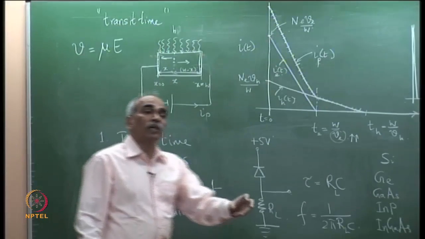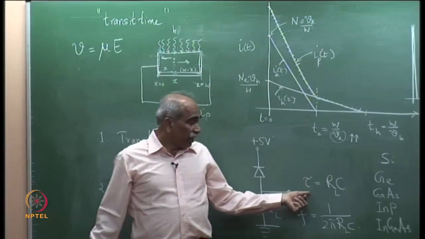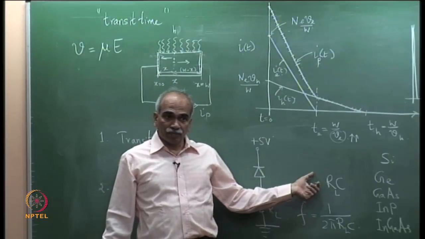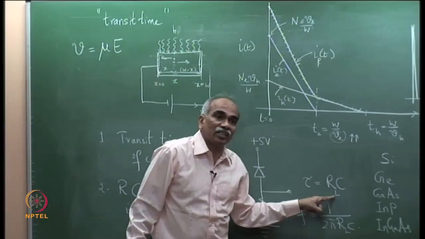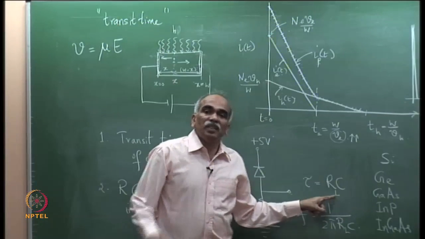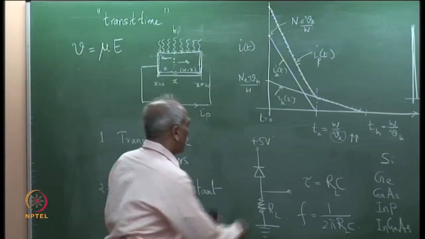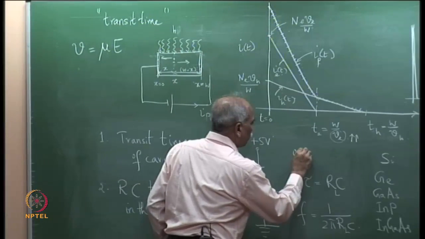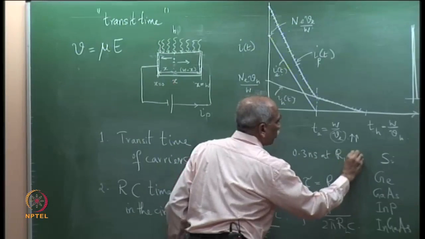Therefore, if you take any photodetector data sheet, you will see they specify the rise time for a particular load resistance. Normally they take 50 ohm as the standard load resistance. So, they will specify that tau is equal to 0.3 nanosecond at RL equal to 50 ohm.